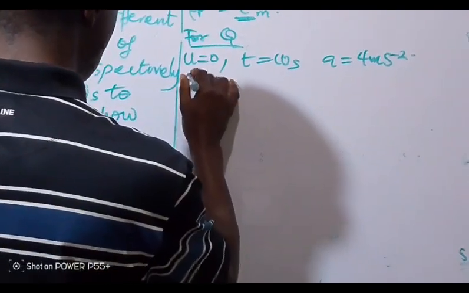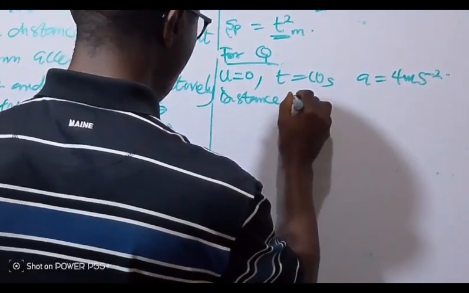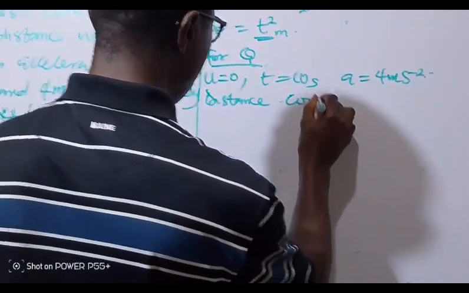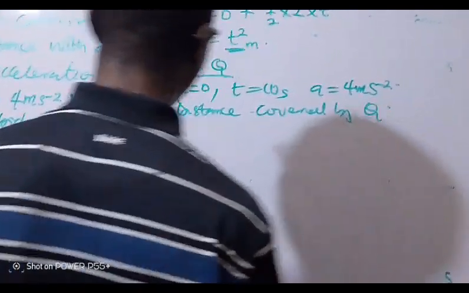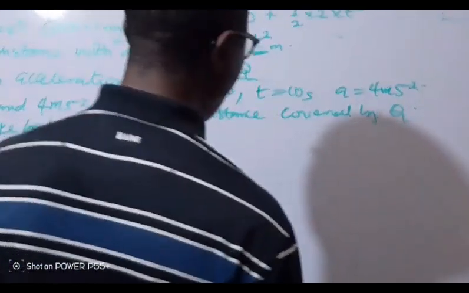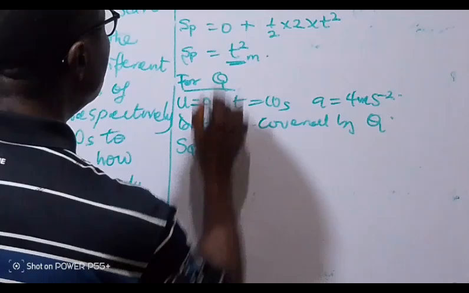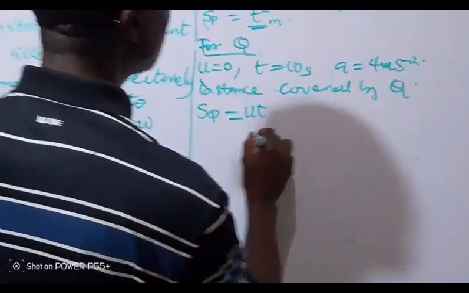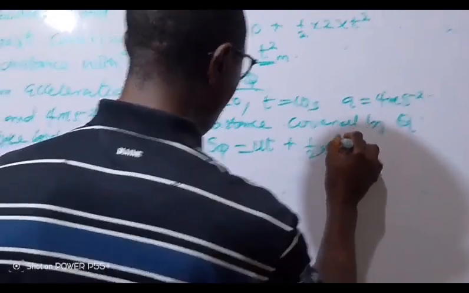Now, the distance for Q. Distance covered by Q, call it SQ using the same formula, that's UT plus half AT square.